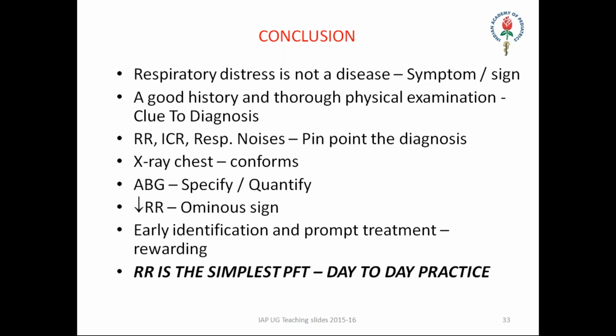Decreased respiratory rate is an obvious sign; bradypnea is much more dangerous. Early identification and prompt treatment is usually associated with good outcomes. Respiratory rate is the simplest pulmonary function test which we practice daily. RR gives you most of the things.